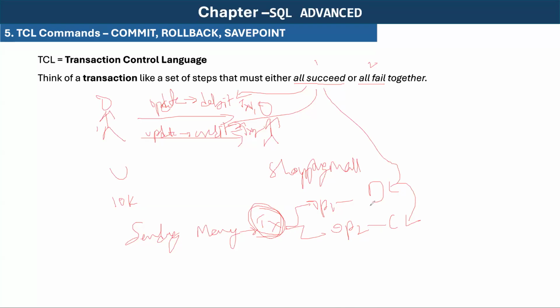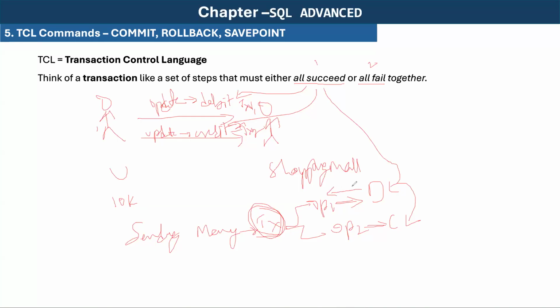Now let's observe: the amount is debited from your account, so the debit has been done. But during credit, let's take one use case: the receiver bank server is down. The amount is already debited from your account, but the receiver bank server is down. Then definitely the amount debited from the source account has to be rolled back.